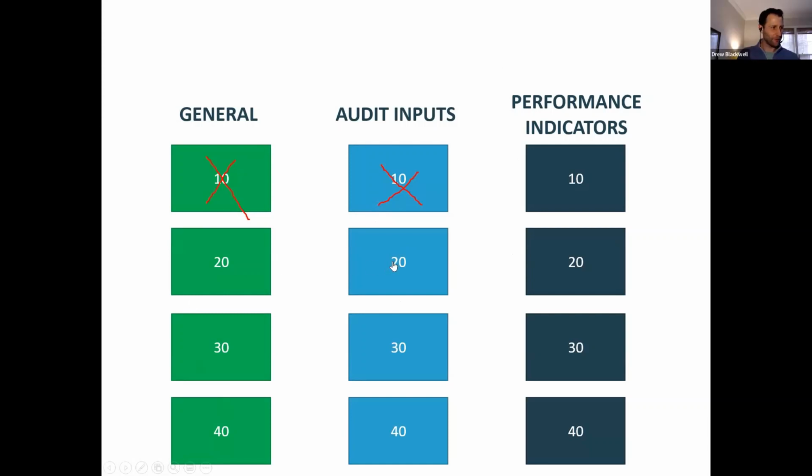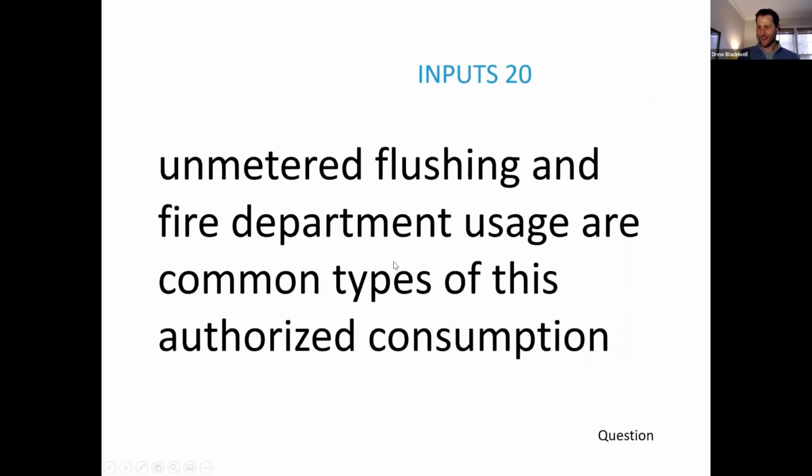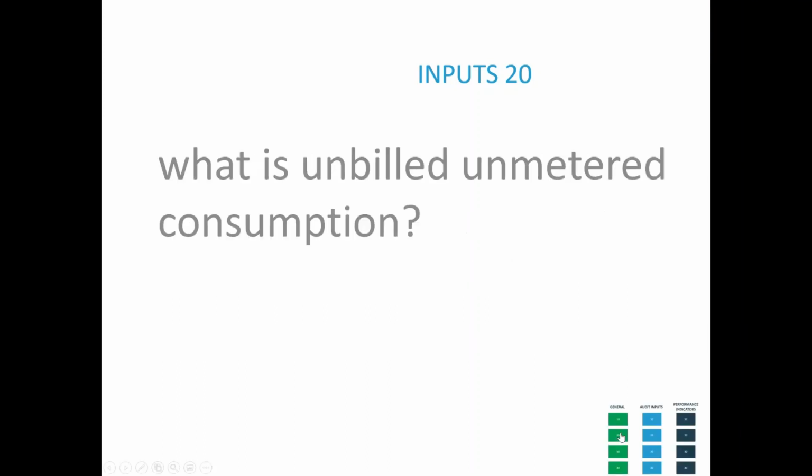All right, audit inputs for 20. Unmetered flushing and fire department usage are common types of this authorized consumption. What is unbilled? Could you be more specific? Unbilled, unmetered? All right, yes, what is unbilled, unmetered?